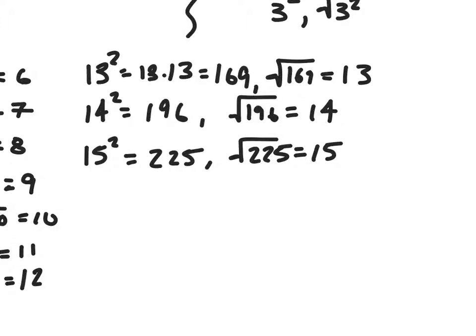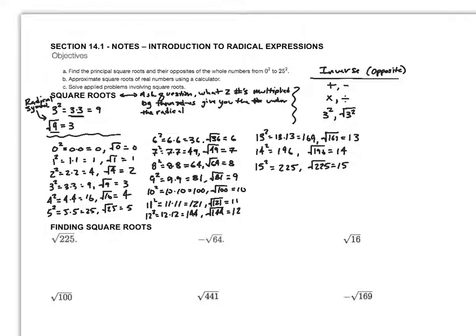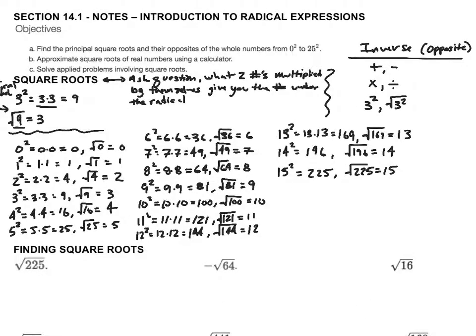Okay, and so I'm not going to go all the way up to 25, but what I want you to see here is that there are some of these numbers that are kind of unique. I'm thinking about numbers like 4, 9, 16, 25, all these numbers that we can take the square root of. What I call these numbers are perfect squares.